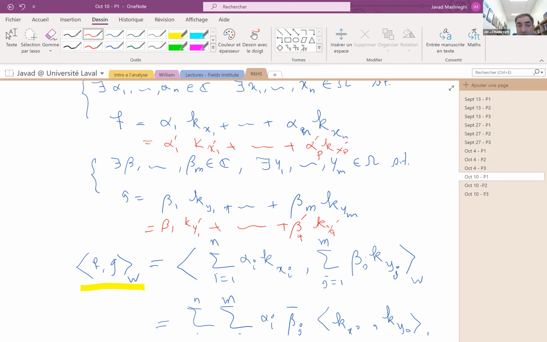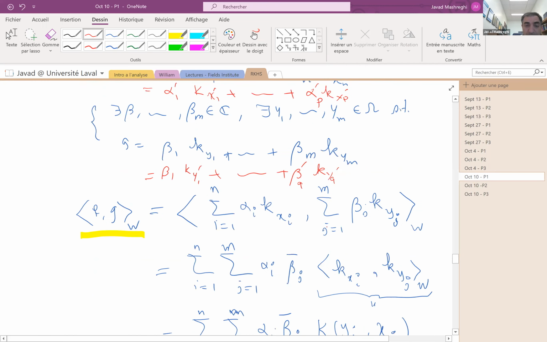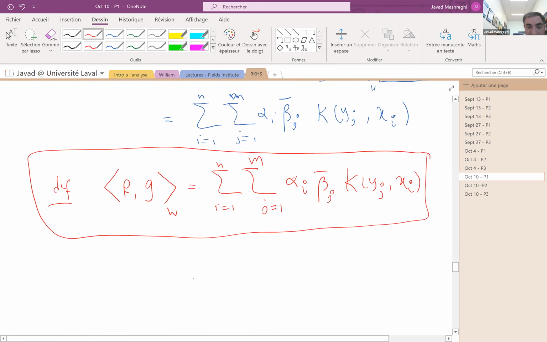So if I choose the red one, I see this also has to be equal, and I don't know this. I have to verify. Is it also equal to the sum from 1 up to p, j from 1 up to q, alpha i prime beta j prime bar, k at point yj prime, xi prime?